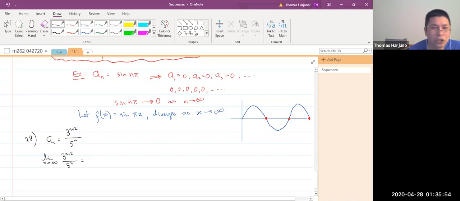Now, do not rush to L'Hopital's rule. Trust me, it's more about your algebra here. I will rewrite 3 to the n plus 2 as 3 squared times 3 to the n over 5 to the n, which will be the limit as n goes to infinity of 9 times (3 over 5) to the n.